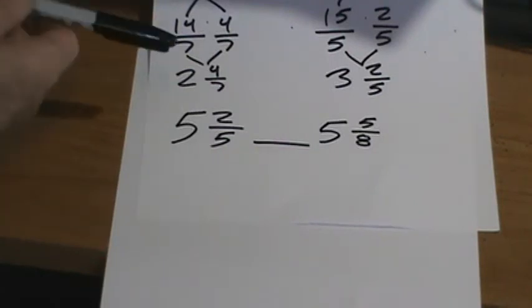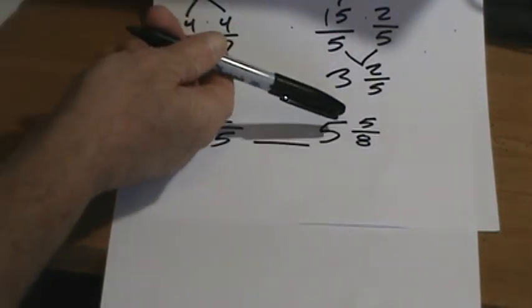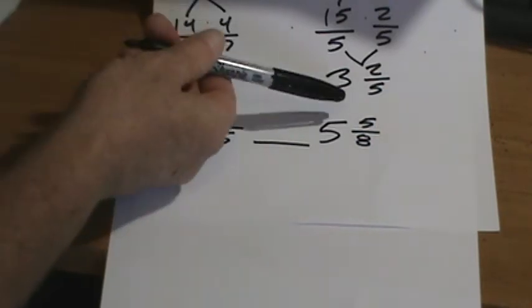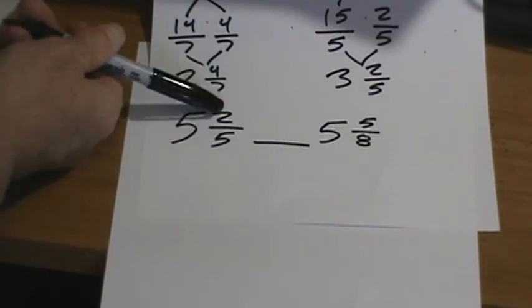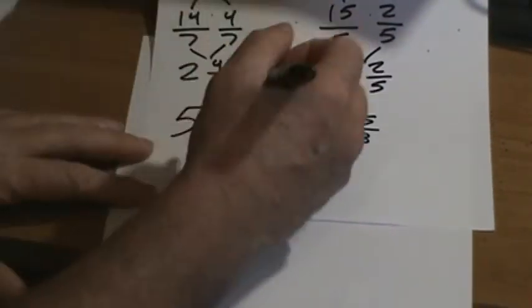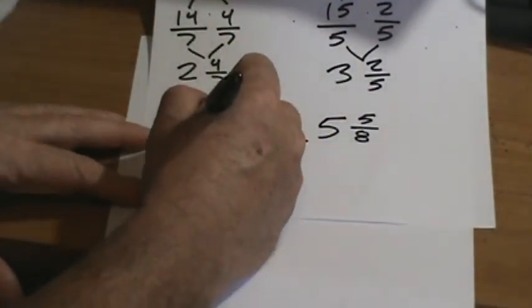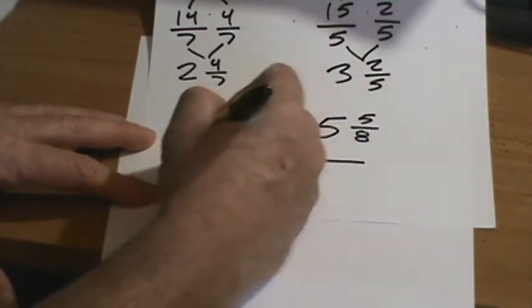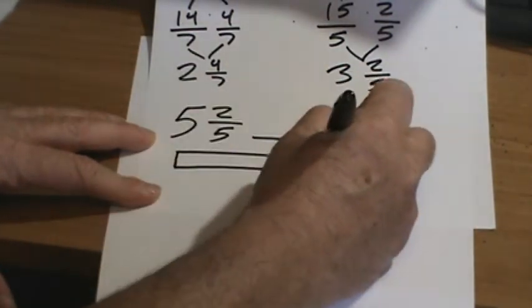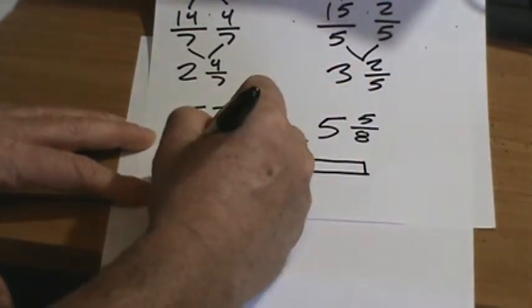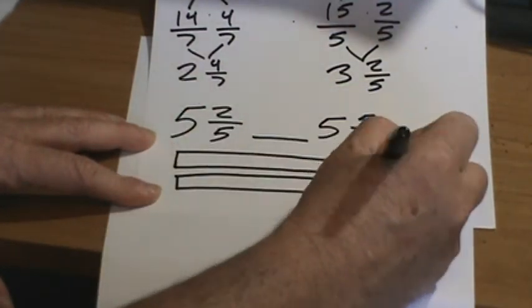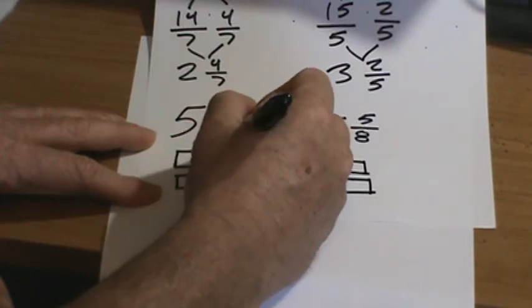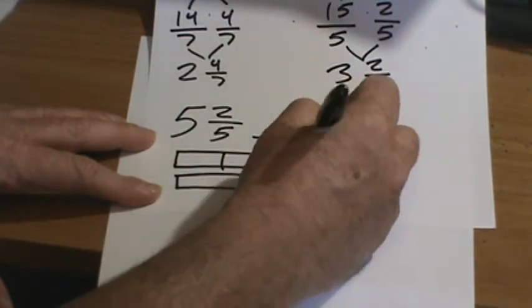Well, 8 divided by 2 is 4, so 5/8 is greater than half. And 5, divided by 2, half... well, you know what? Let's go ahead and show this on a number line, on a tape diagram. Kind of hard to explain, especially when we're doing this so quickly. I'm going to try to make them the same size. We'll break this one into fifths: 1, 2, 3, 4, and 5.